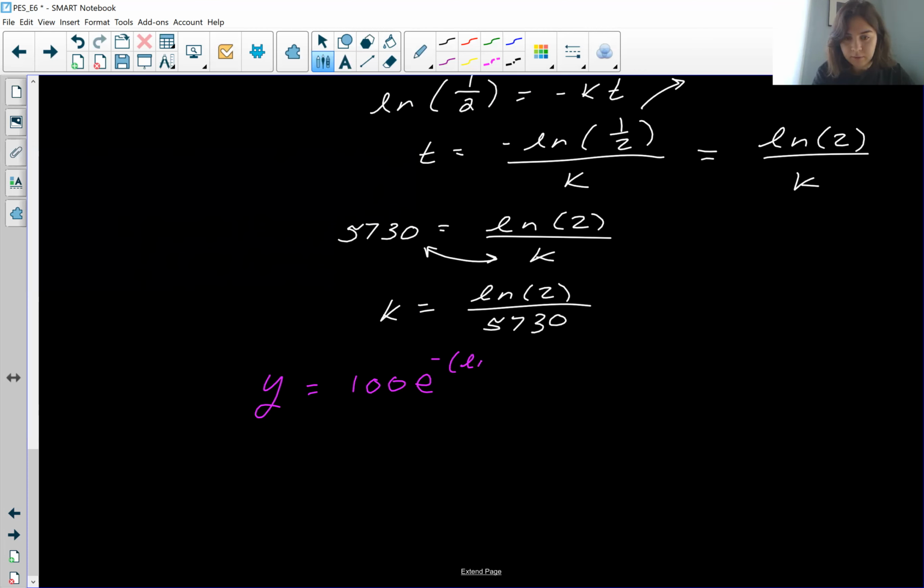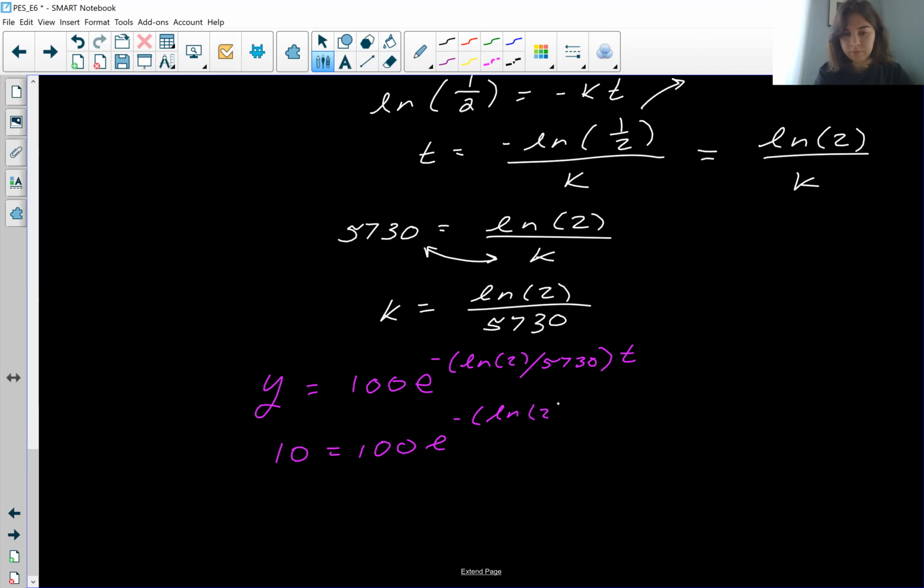So negative natural log of 2 divided by 5,730, and that is times t. So that's our function, and our y value is 10. We have 10 grams left over. So we're going to plug that in and solve for time.